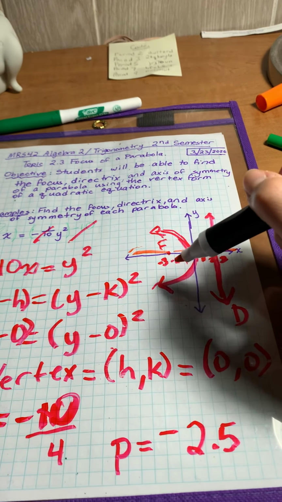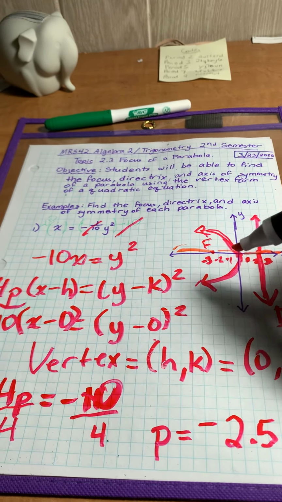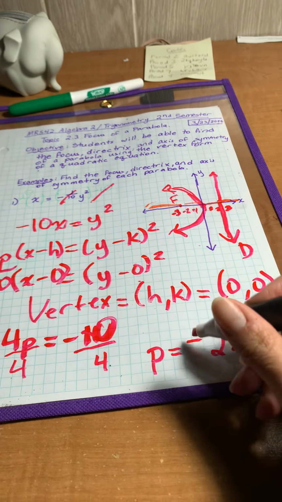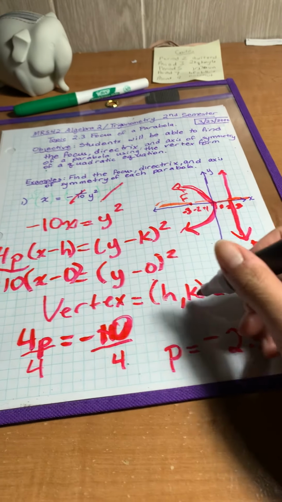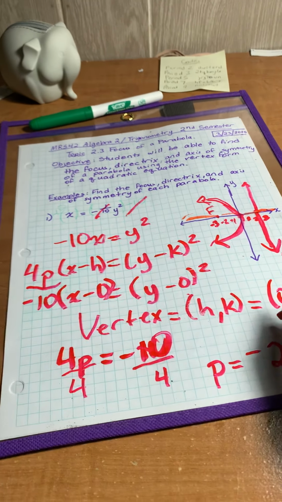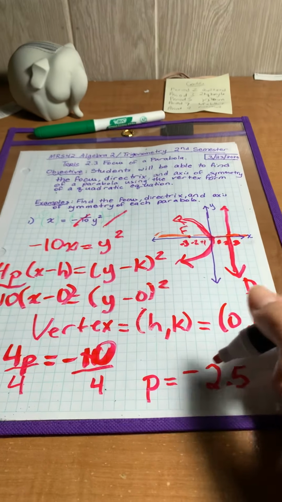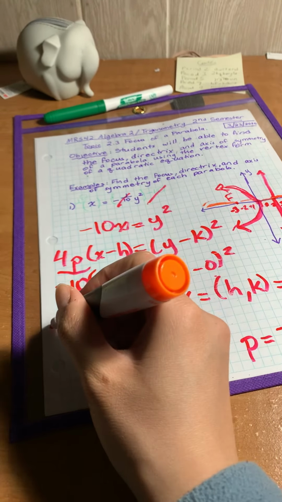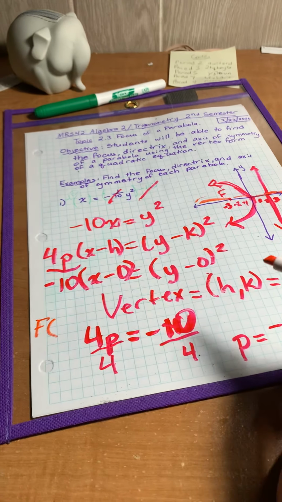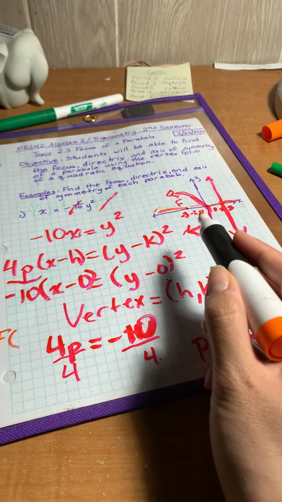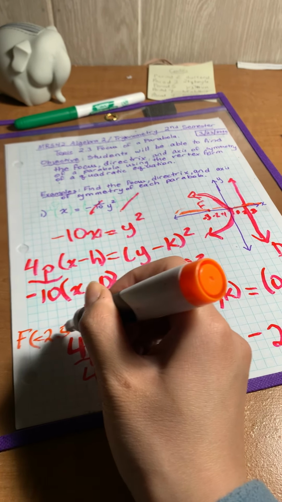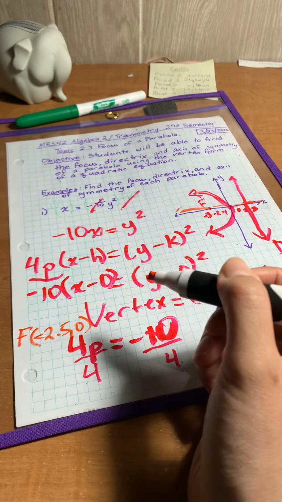So my focus is a point. My focus is going to be (-2.5, 0), right?